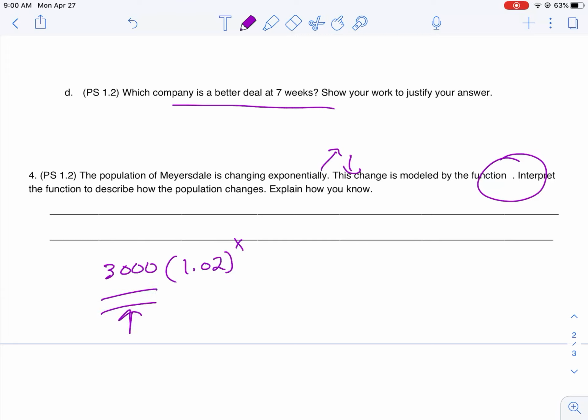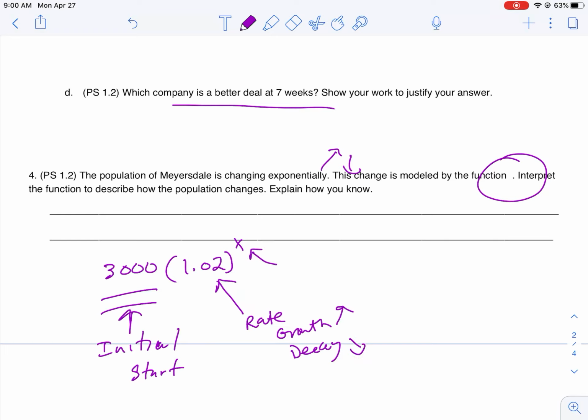This number out front is the initial, or the start. So that's the starting population. This is the rate of growth or decay, meaning going up or going down. And this is the interval, whether it's a year, a week, so on. Okay? So let me do this.